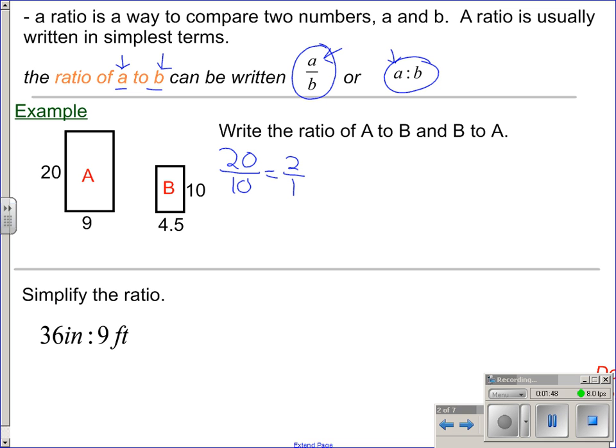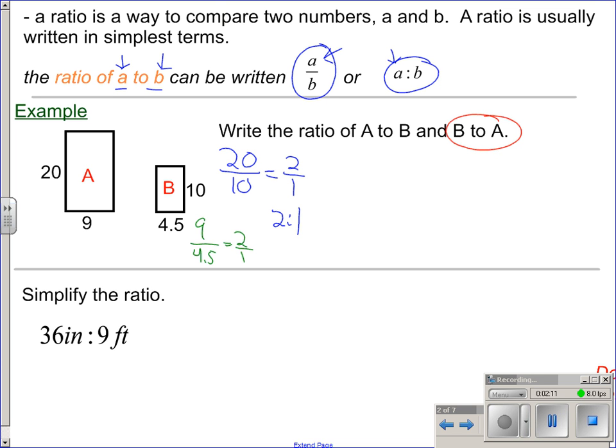And again, you could write it as 2 to 1. Now, with the widths, do the same idea, A to B. So we would have 9 over 4.5, which is still 2 over 1. Same thing.